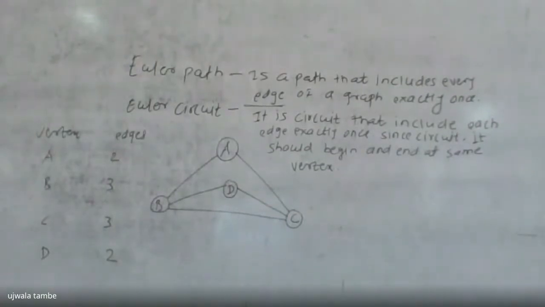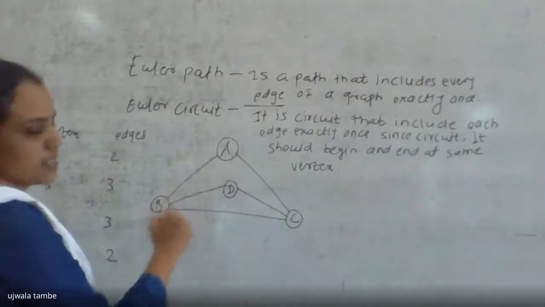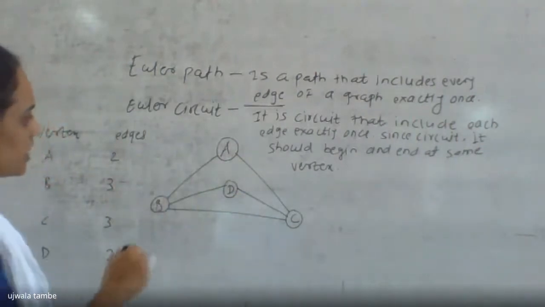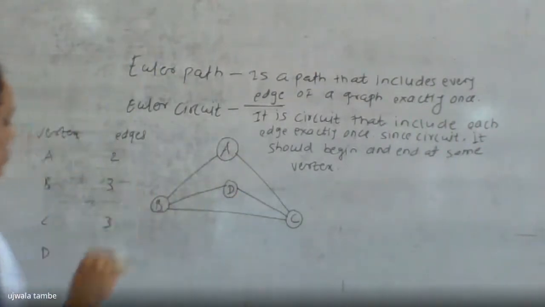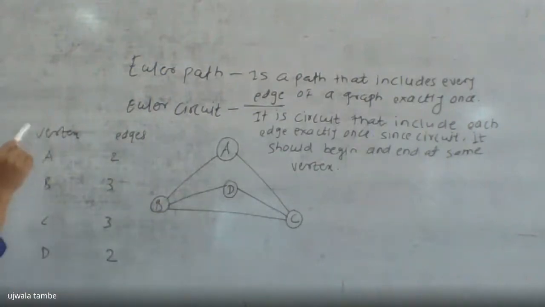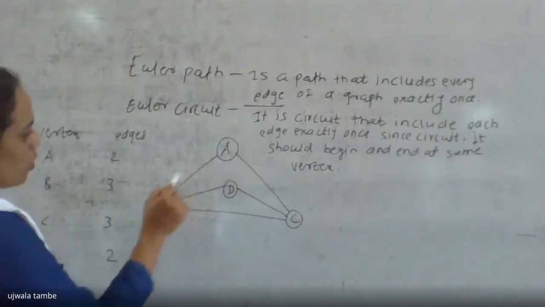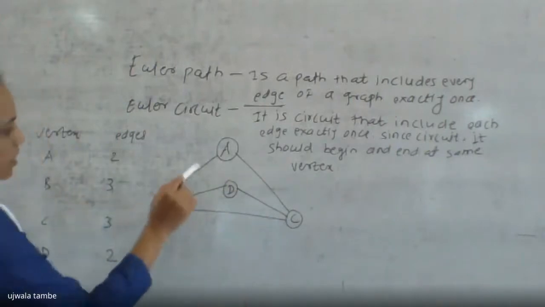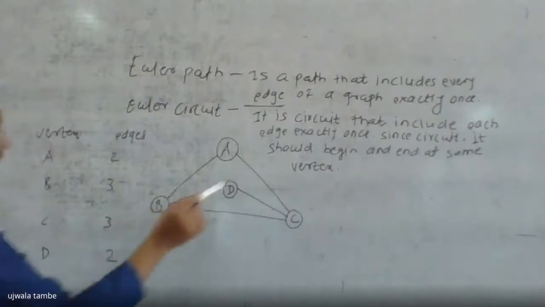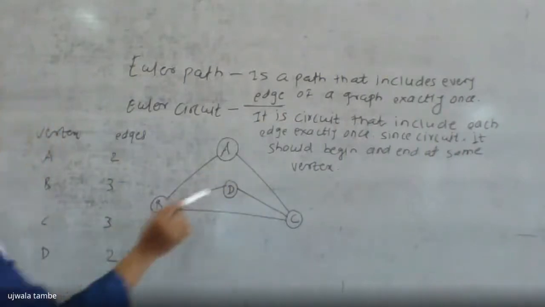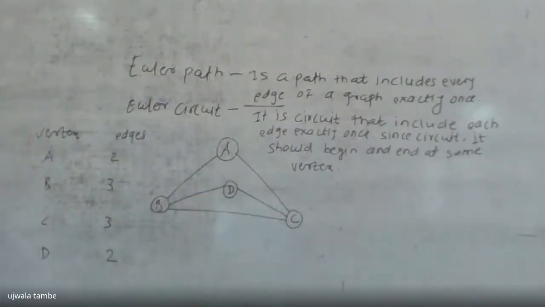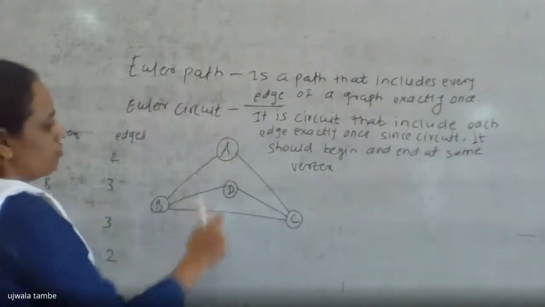Okay, so consider this example, consider this graph. It has vertices A, B, C, D. I'm just going to mark the number of edges, or the degree, of each vertex. A has degree 2, B has 3, C has 3, and D has 2. Suppose I am going to find the Euler path for this graph.